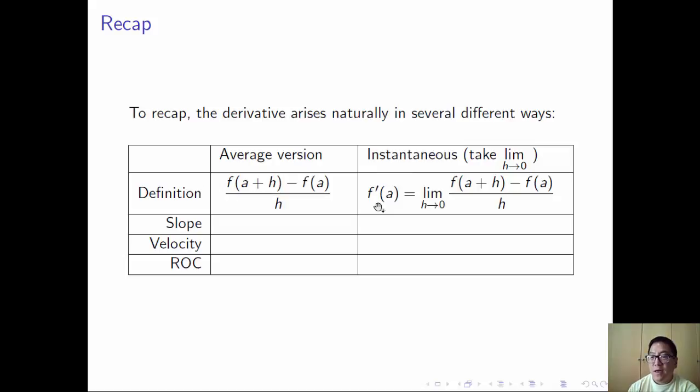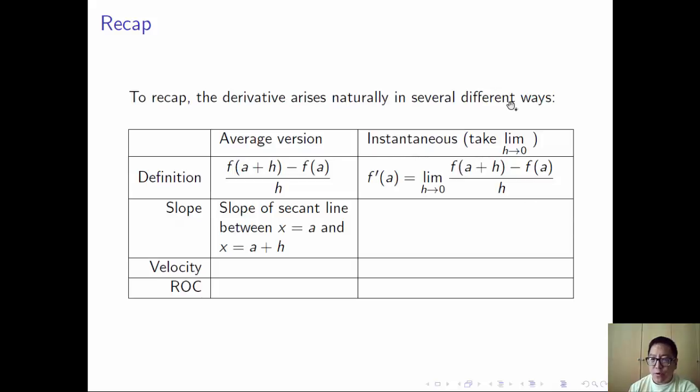So again, f prime of a is defined to be the limit as h approaches 0 of f of a plus h minus f of a all over h. So that's the mathematical definition of the derivative. And to interpret this in terms of slope, the average version of slope is the slope of the secant line between x equals a and x equals a plus h. And when you take the limit as h approaches 0, you get the slope of the tangent line at x equals a.